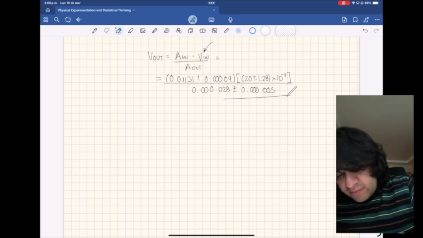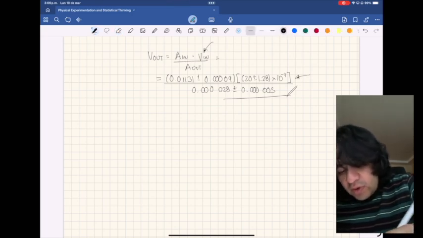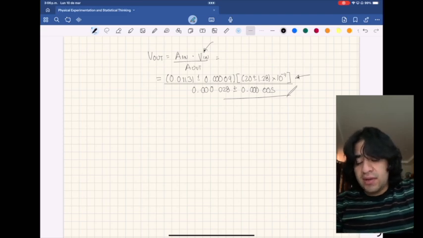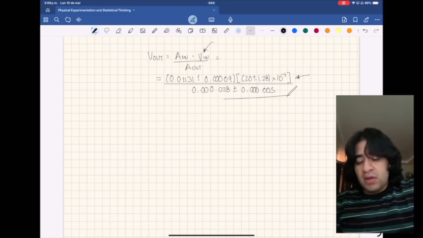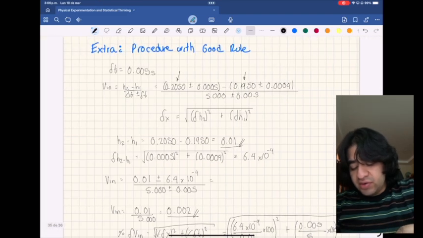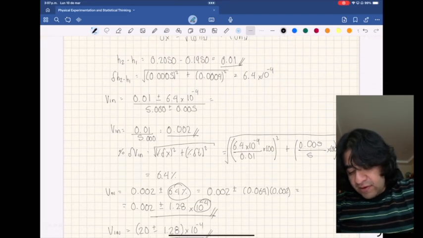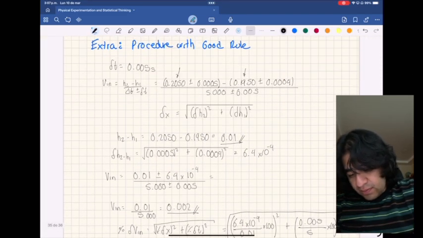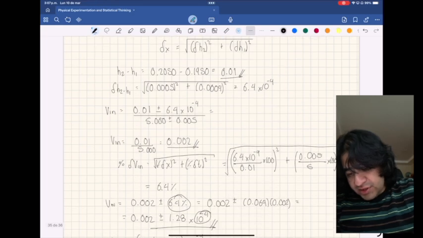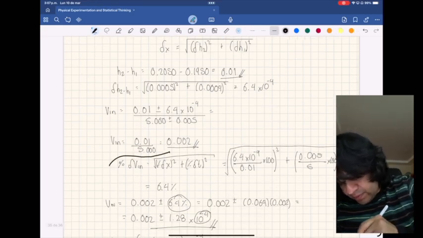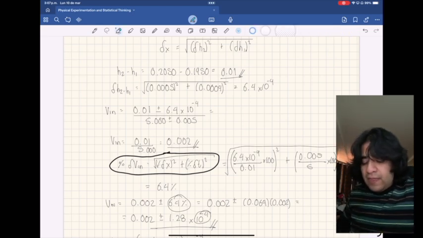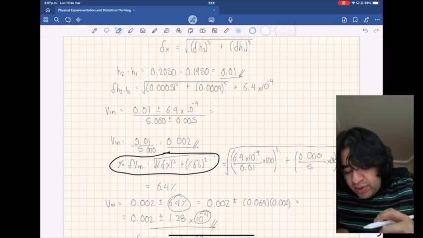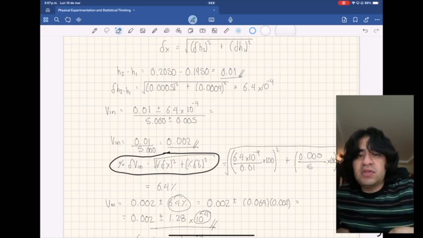So now, for this section, we have to use the rules that are appropriate for multiplication. These rules are similar to the one we used for division, which is this one right here. The main difference is that we have to use the percentage of the uncertainties.